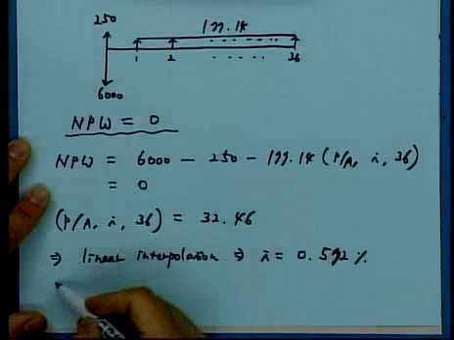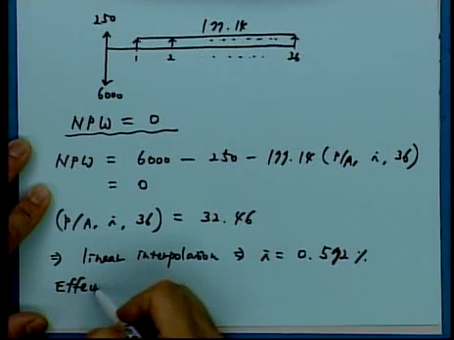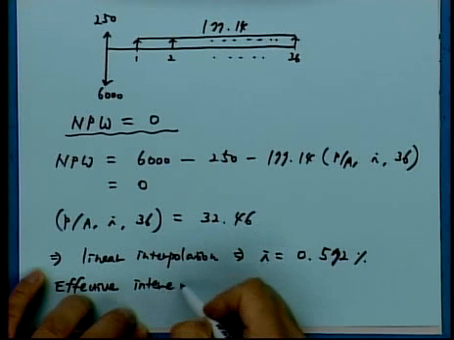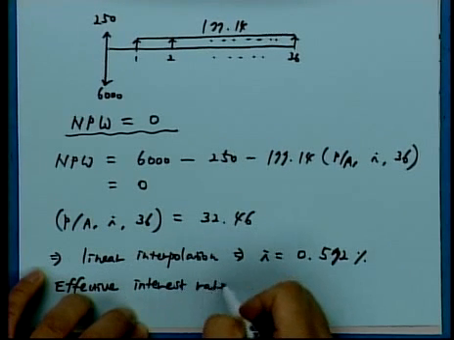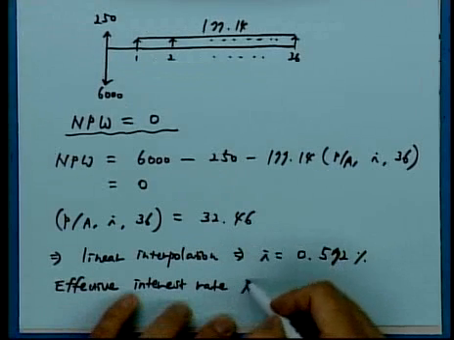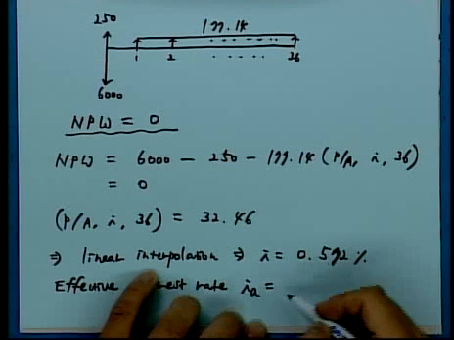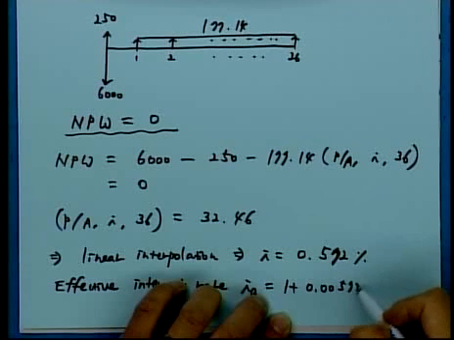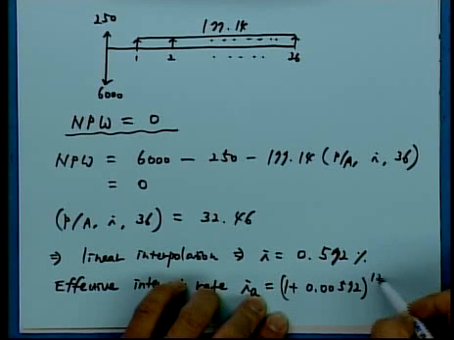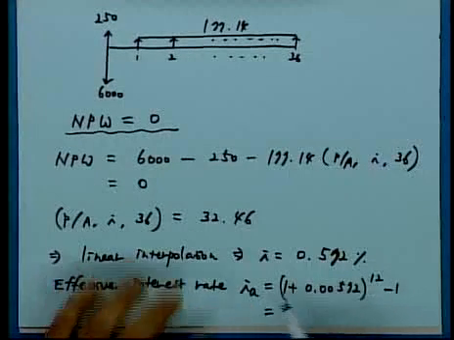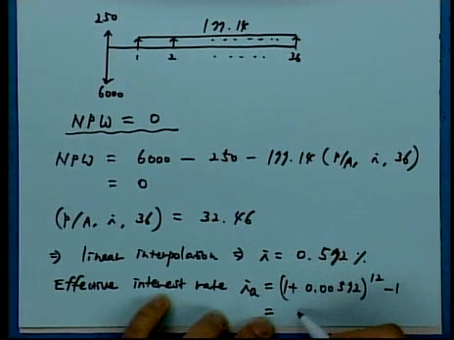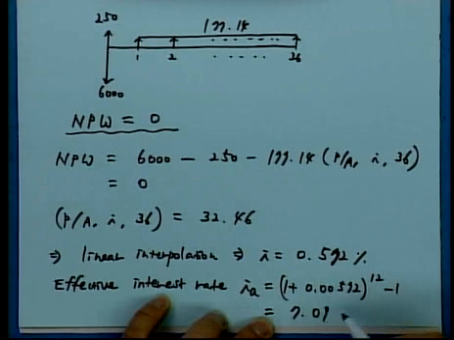So in that case, the effective interest rate I sub A would be 1 plus 0.00572 to the power 12 minus 1, which is 7.09%.